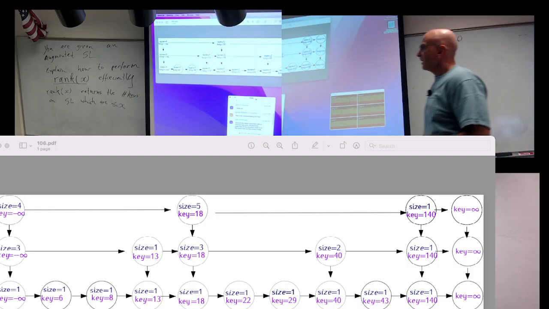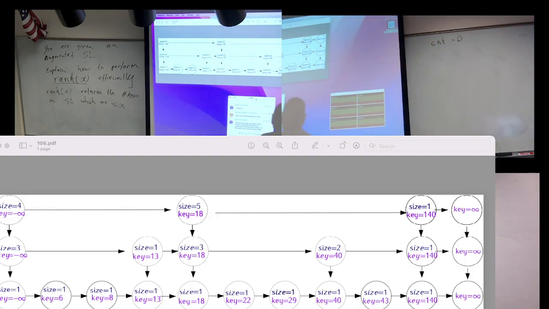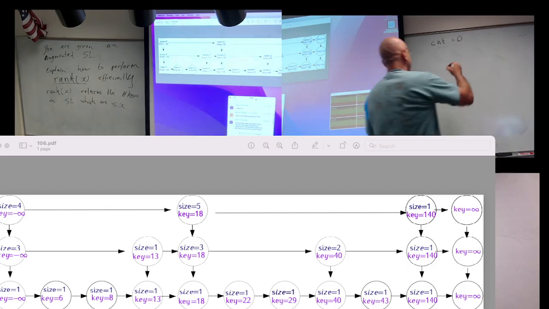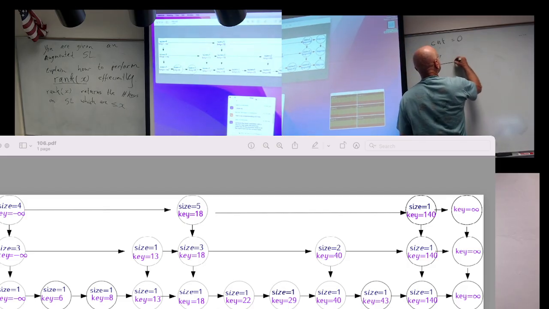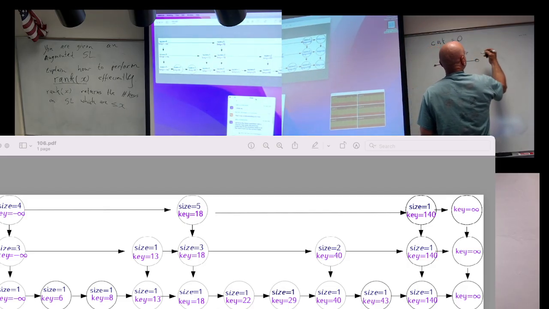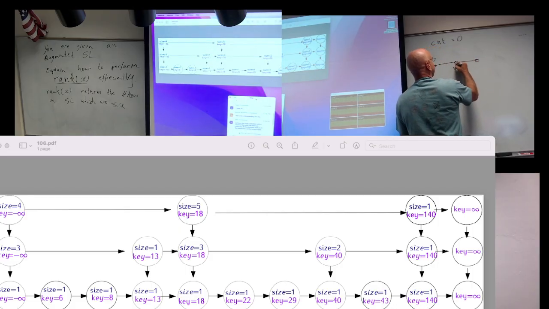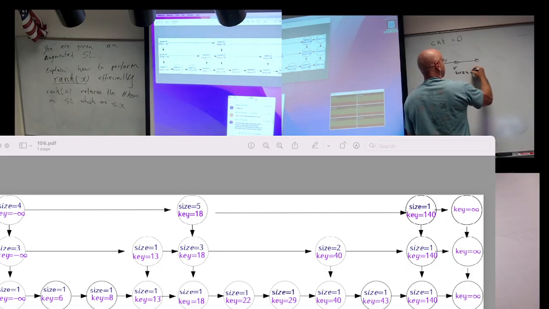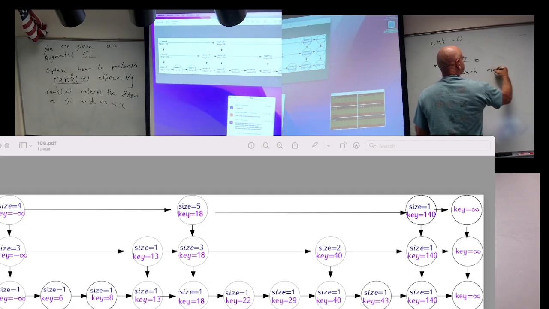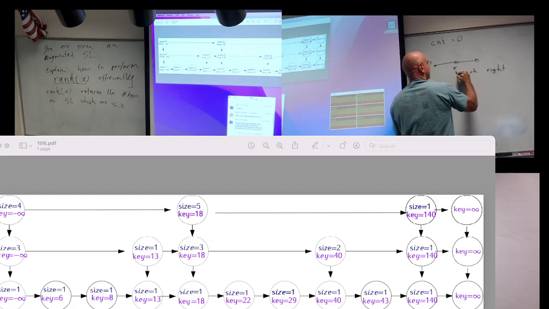And I'm going to perform a very normal find. But as I'm performing the find of x, I'm looking at the path that I'm traversing. The path that I'm traversing will either, at a node V, continue to the right, or my path branches down.